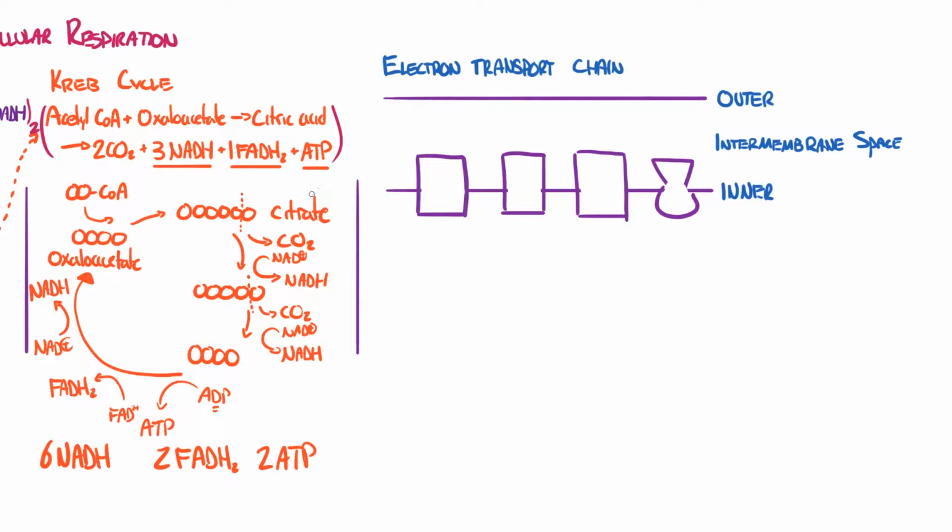So we said that our electron carriers are going to be entering the electron transport chain. So let's do it like this. And at this point, it should start to look more and more similar to what we talked about in photosynthesis.